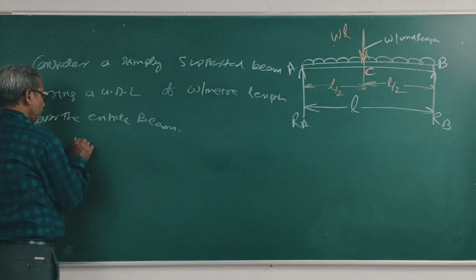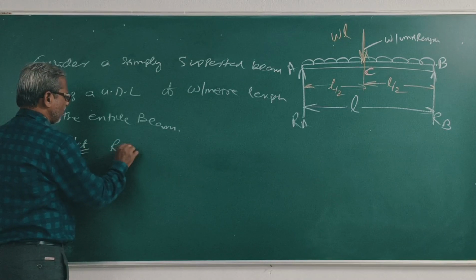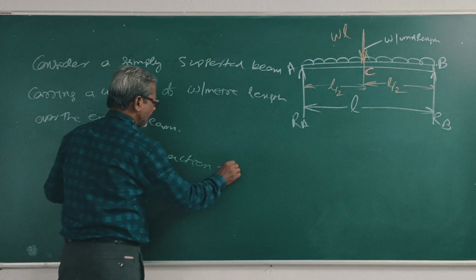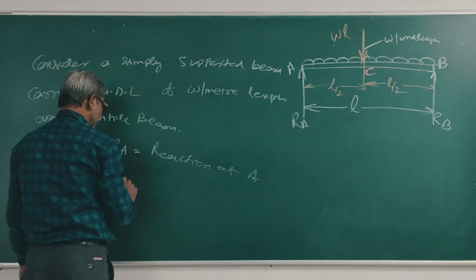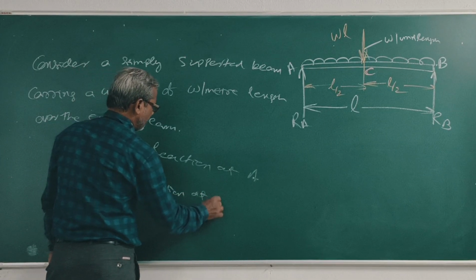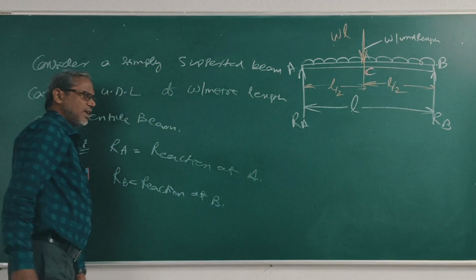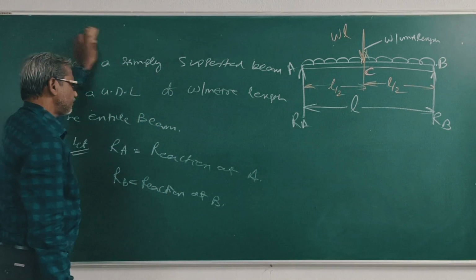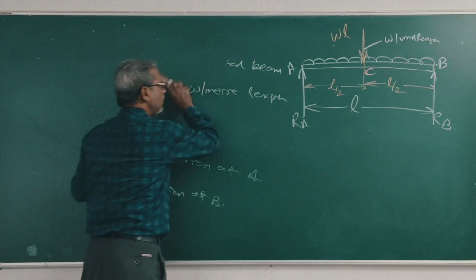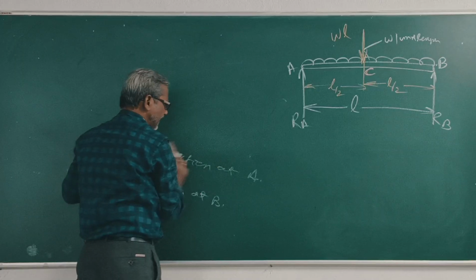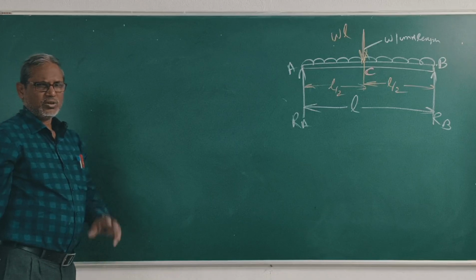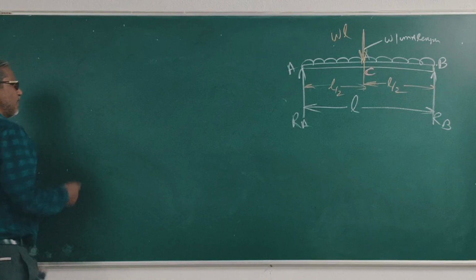Let RA be the reaction at A, and RB be the reaction at B. First we will find out what RA and RB are.